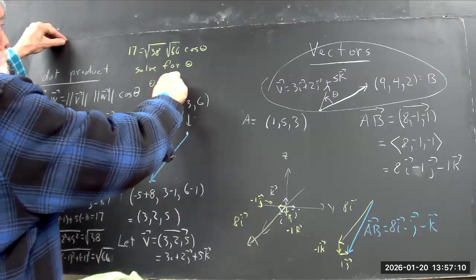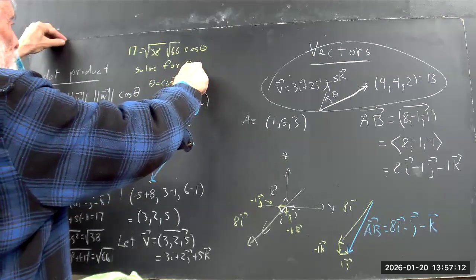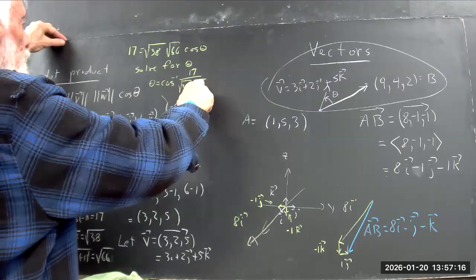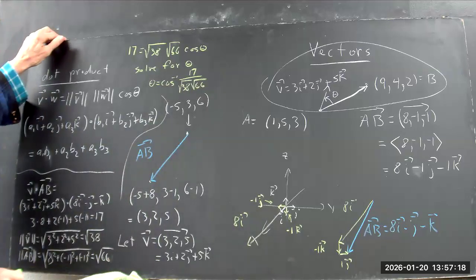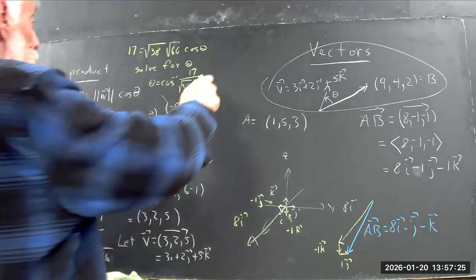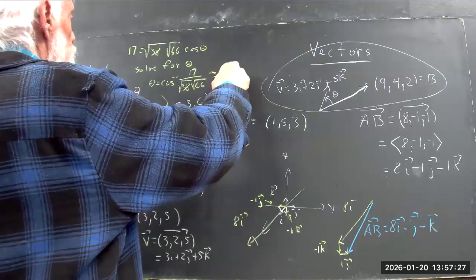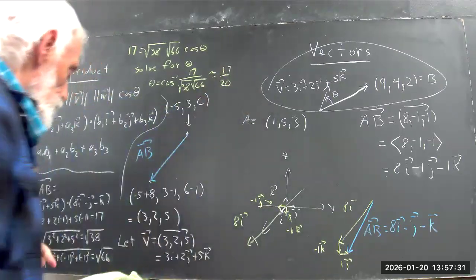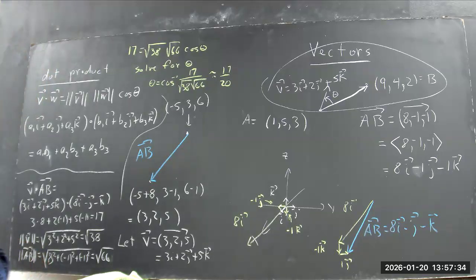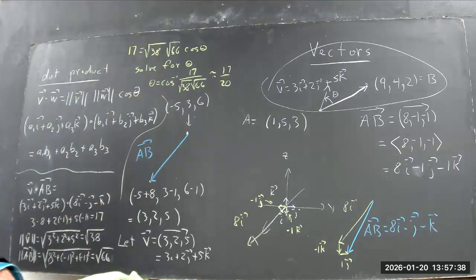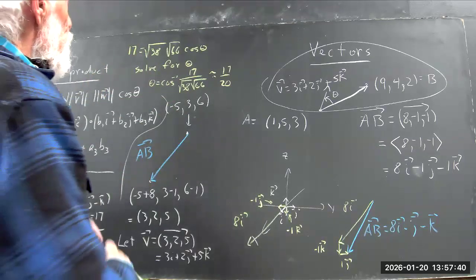Theta is going to be the inverse cosine of 17 over the square root of 38 times the square root of 66. 38 times 66 is around 4,000. So that would be like 17 over 20. That's give or take 1 or 2 down there in the 20. Okay. Where's the angle if the cosine is 17 over 20?